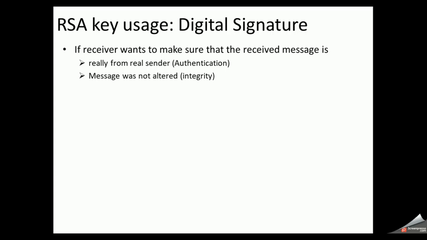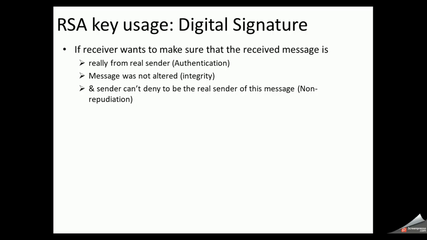The second thing is that the message is not altered. The message that you have received is not altered by noise or by some hacker or by any other means, and that's called integrity.